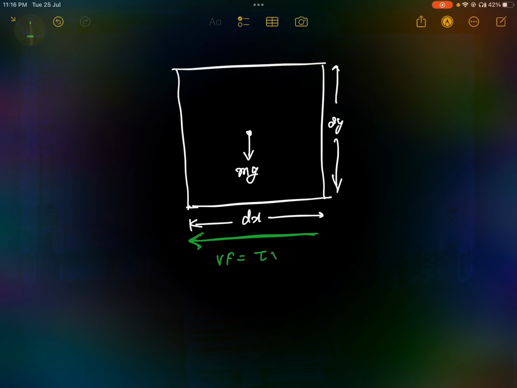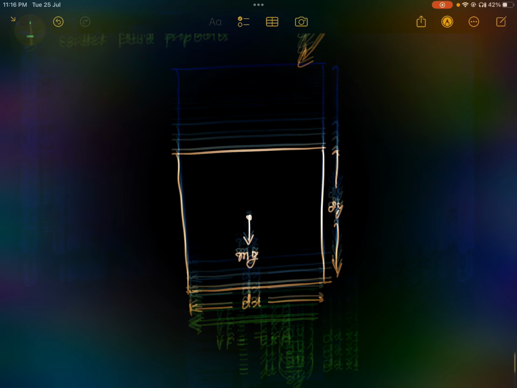This is the viscous force. It will be equal to shear stress into area. So what will be the shear stress? That is mu del u upon del y. And what is the area? Area will be dx into 1, because we have taken the unit depth.